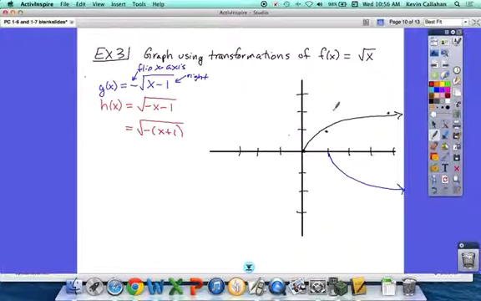Okay? But now we're going to reflect that because of the minus, and it's going to go like that. So if it would have been here, now it's got to be here. Right, so this is left and flip across the y-axis.